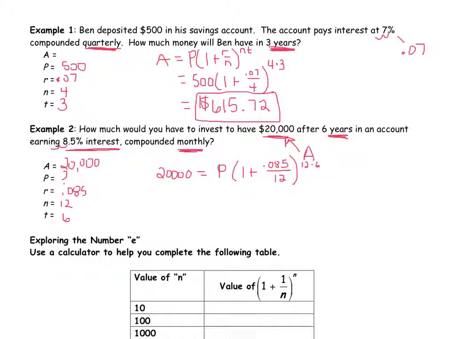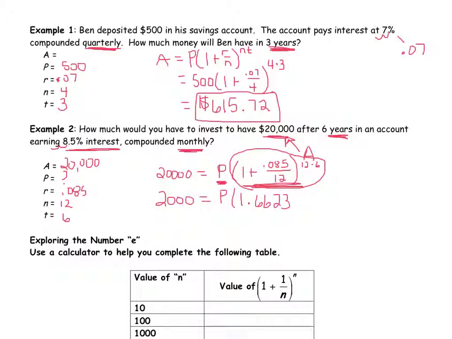Okay, so since we're trying to find P, we need to get P by itself, which means we need to figure out what this amount is. So go ahead and type that into your calculator. So I'm going to put 20,000 equals P, and now we're going to type this into our calculator and see what this is. Okay, so after typing that into the calculator, I get that this is 1.6623.